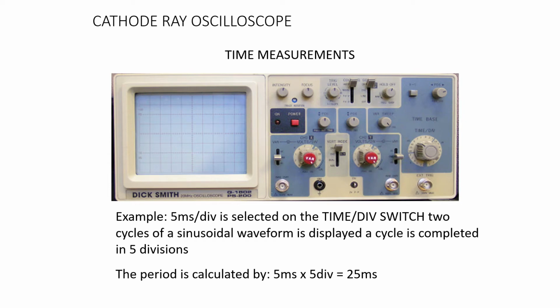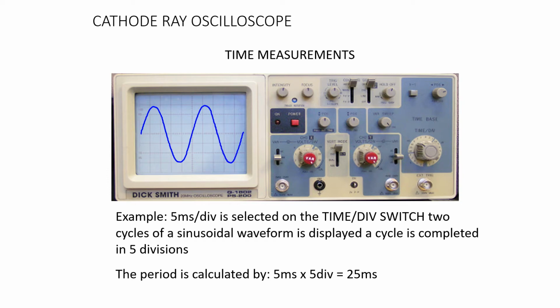So here, 5 milliseconds per division is selected on the time per division switch. 2 cycles of a sinusoidal waveform are displayed. 1 cycle is completed in 5 divisions.